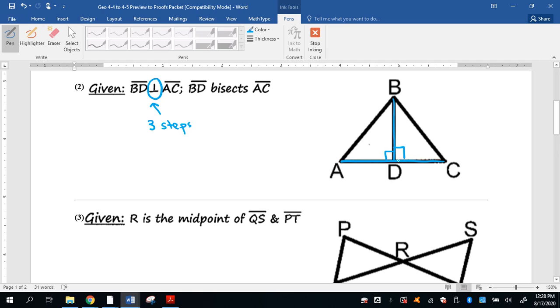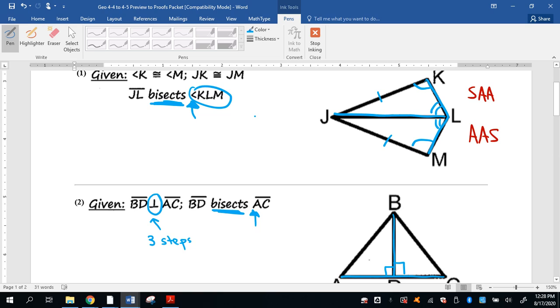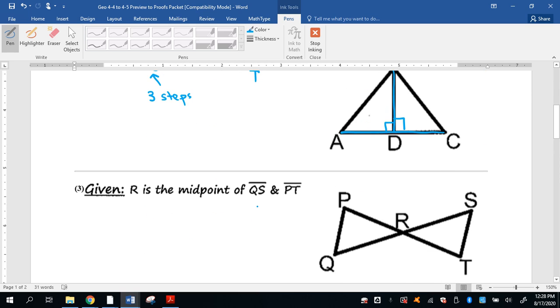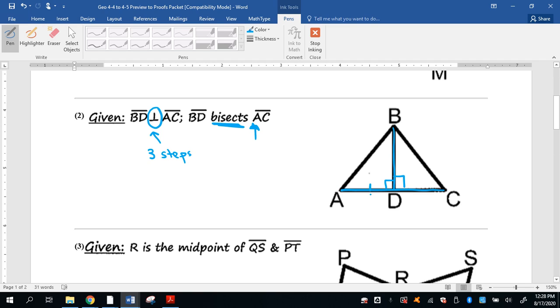We're also going to mark up that if line segment BD bisects a line segment, then you're going to mark up the line segments. In problem number 1, we bisected an angle, so we marked up angles. Here we're going to mark up side lengths. So AC has been bisected, so those two segments are congruent.